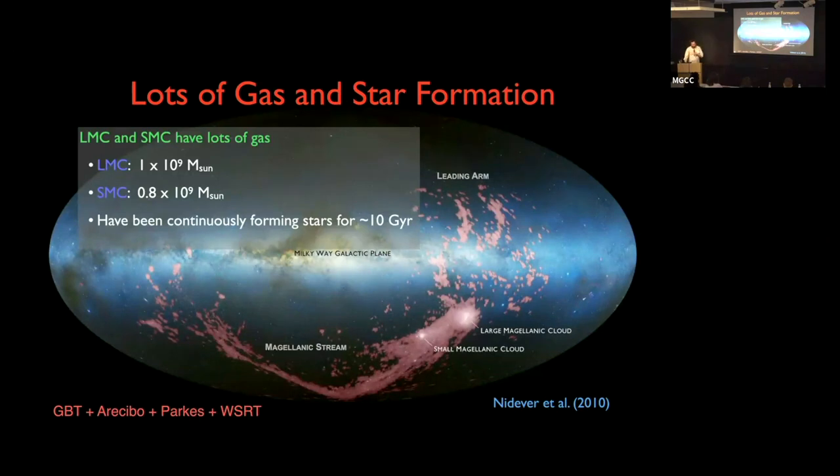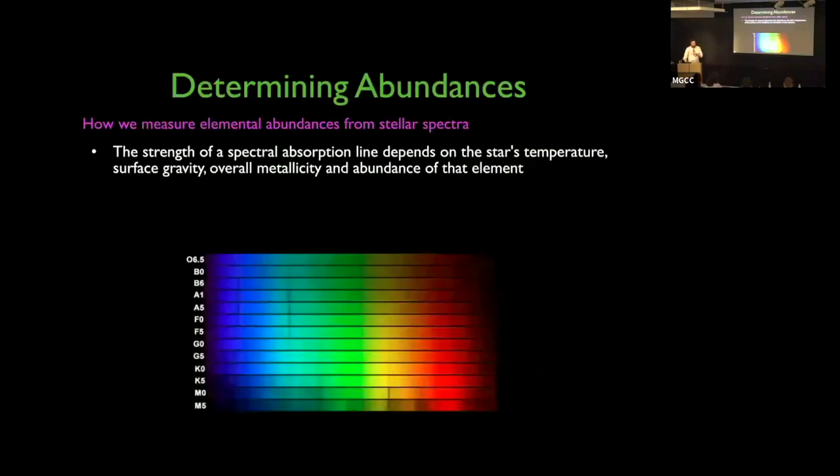So, chemical abundances. Let's go back to spectroscopy 101. How do we actually determine abundances? The strength of stellar absorption lines depends on a number of things, mostly the star's effective temperature, the surface gravity, the overall metallicity of the star, the content of heavy elements, and then the abundance of the particular element you're looking at.